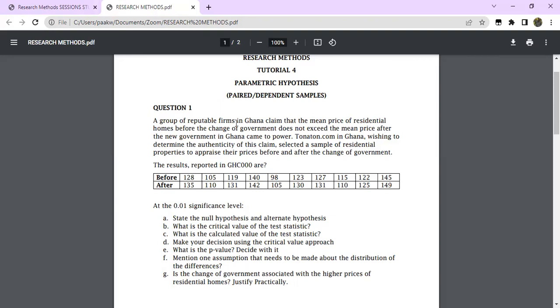So mu B is the before, and mu A will be the after here. When you are formulating the relationship, always use the B first, all right? Always use mu B, then you have mu A here.